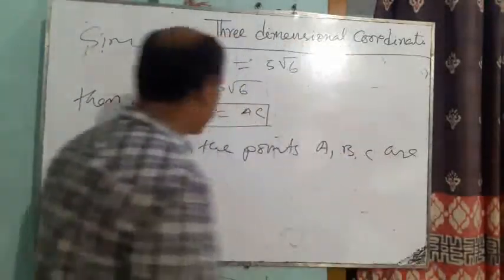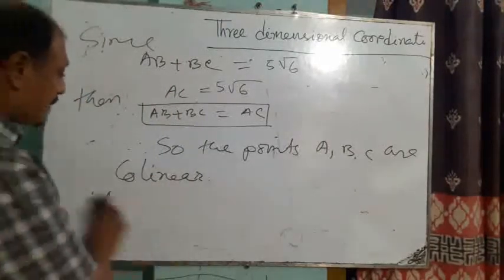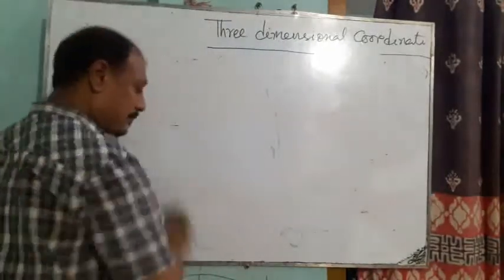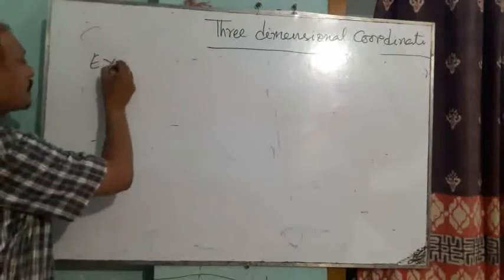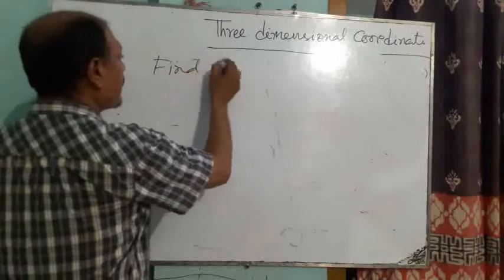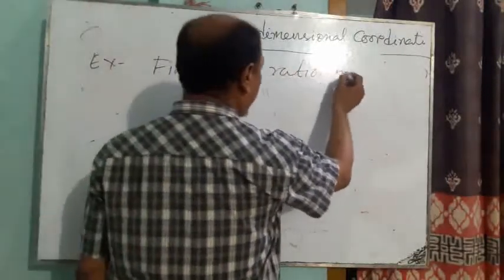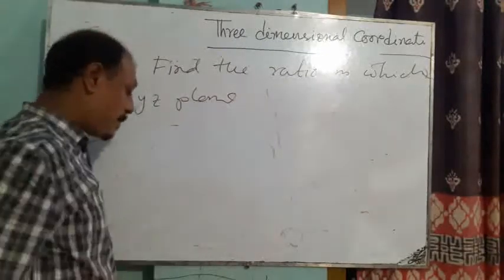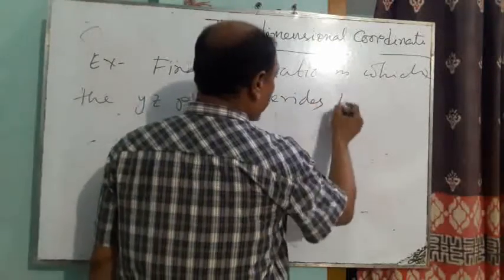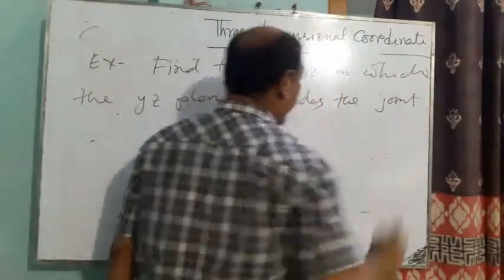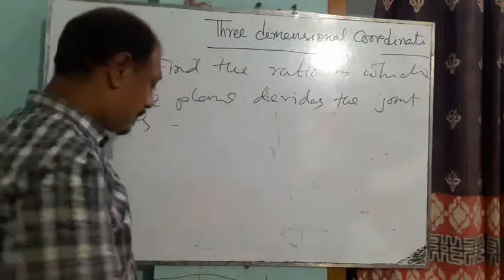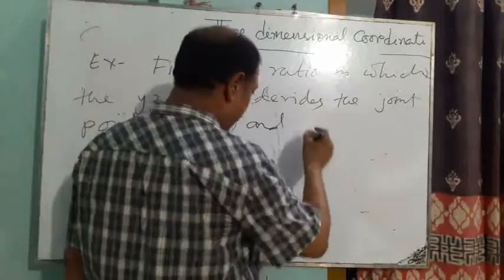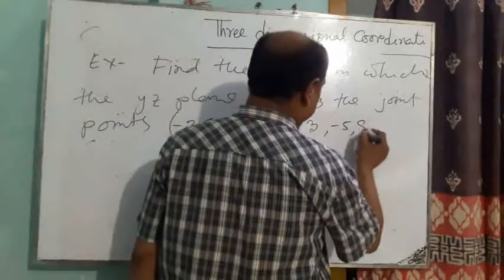Now we can solve another problem. Find the ratio in which the YZ plane divides the join of the points (minus 2, 4, 7) and (3, minus 5, 8).